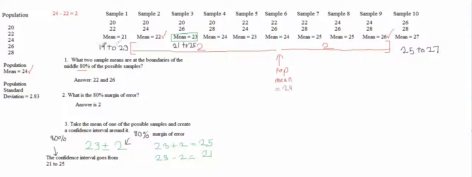Notice how the confidence interval that we created with sample 1 didn't include the population mean of 24, and the confidence interval we created with the highest sample also didn't include the population mean of 24, but the sample that we used in the middle 80% gave us a confidence interval right here that did include 24.